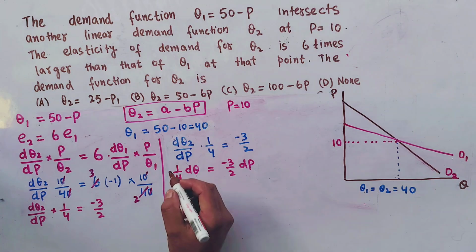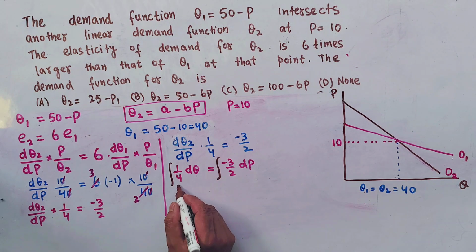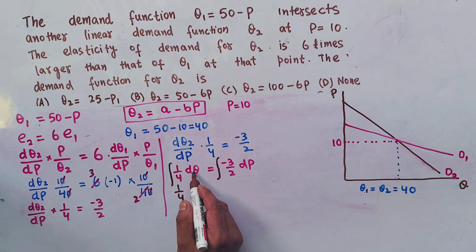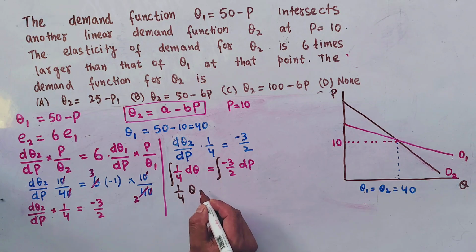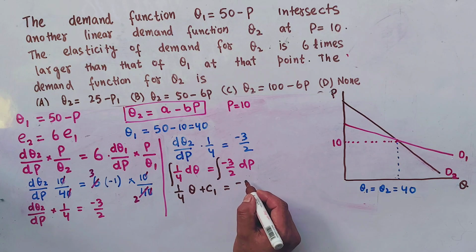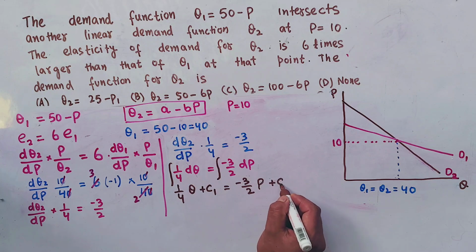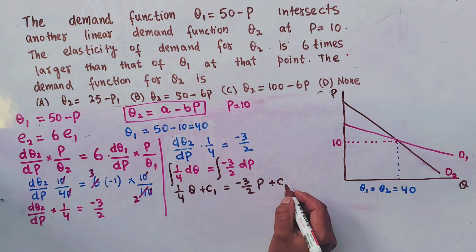Now what will we do? We take the integral on both sides. That means we have 1/4, the integral of dQ is Q, plus we add the constant of integration, equal to minus 3/2, and the integral of dP is P, and we add the constant of integration. Let us say it is c2.